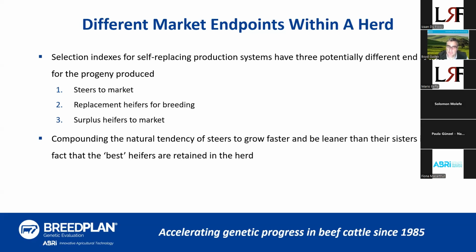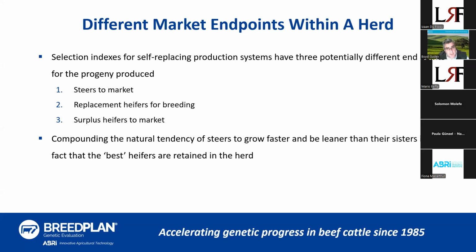Now, we know there's a thing called sexual dimorphism where males tend to grow faster and be leaner than their sisters. Well, we've got that, but that's compounded by the fact that the best heifers are actually going to be retained in the herd too. So there's going to be quite a bit of difference between the fast, lean steers that are being turned off and the non-best heifers.